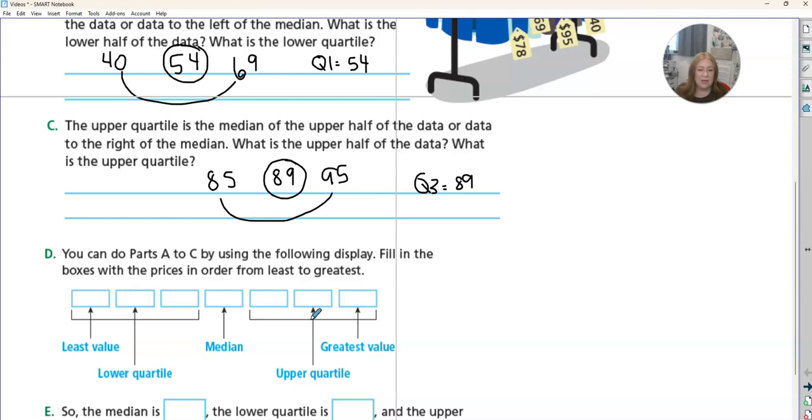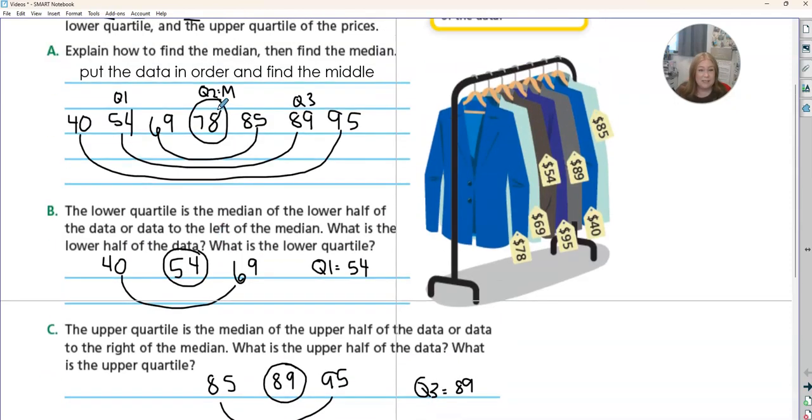Now we're going to put them into this box plot here. We're going to start with the least. The jacket that is the lowest is $40. And then our lower quartile, our Q1, was 54. Yeah, it's just making us put these in order. Then we have 69 here. And then our median is 78.